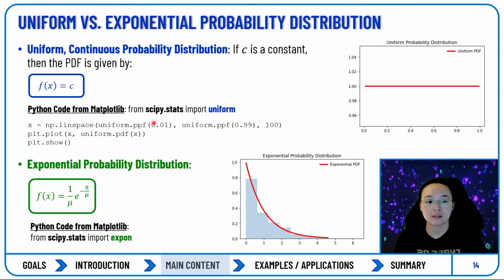So we omit the end points, the start and the finish of 0 and 1, to prevent dividing by 0. Once you have that, you can divide it by however many data points you want to create your x values. And then to get your actual density values, you can use uniform.pdf of all of the x values you've just created in your list to plot a point or to plot a line.